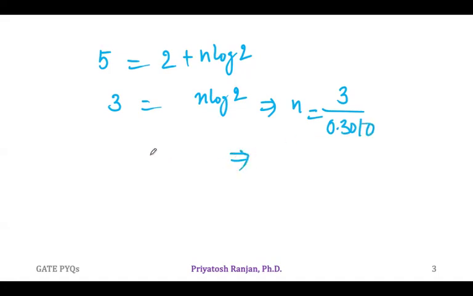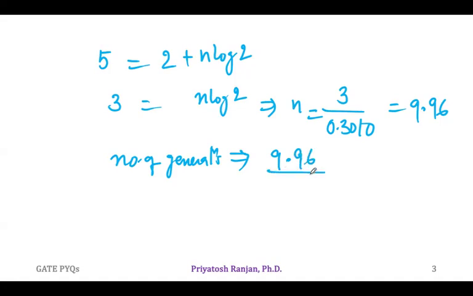So you'll get the number of generations close to 9.96. So the total number of generations is 9.96.